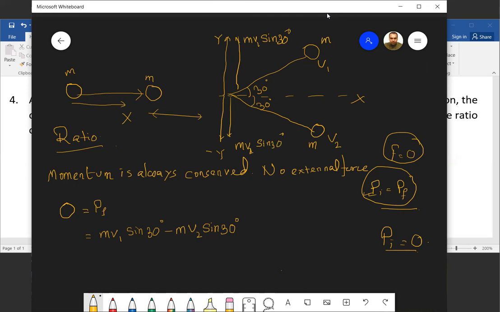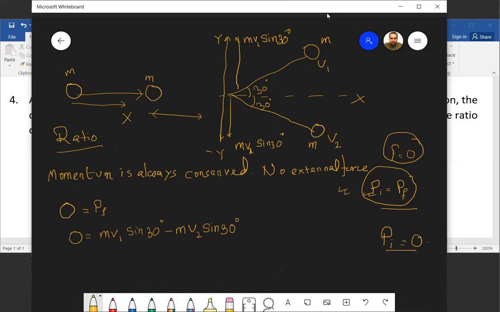So the net momentum would be m v1 sine 30 degrees minus m v2 sine 30 degrees, and the initial momentum along the y-axis is 0, that we have discussed, because the ball was moving horizontally initially.